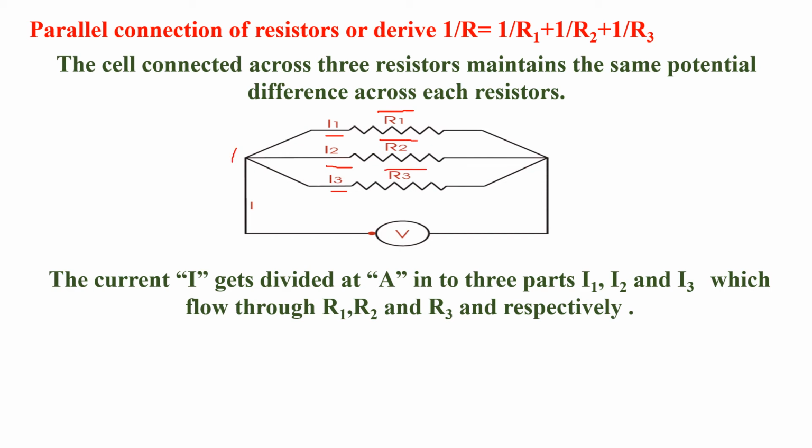This is A, okay, and this is B. So, from this point, the current is divided into three parts: 1, 2 and 3. Okay.